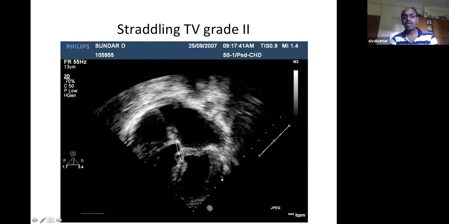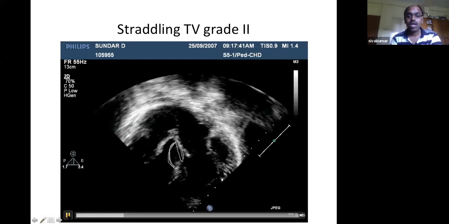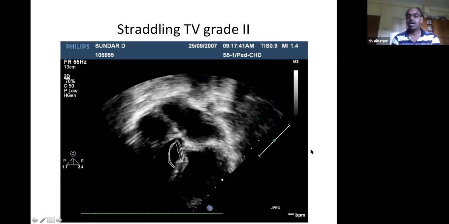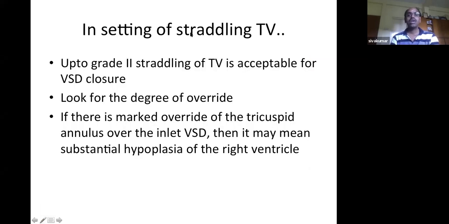The closure has to be in this plane. So identifying this straddling is extremely important. Up to grade 2 straddling of the tricuspid valve is acceptable for a VSD closure, but also look for override.